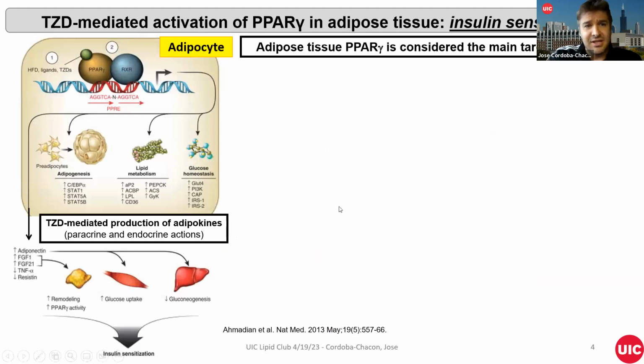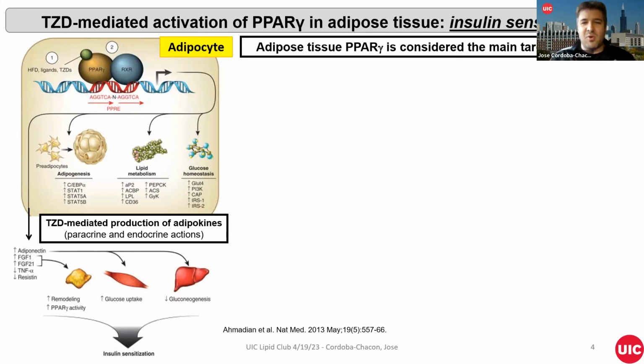Also, it is known that the activation of PPAR gamma with these exogenous ligands promotes a massive activation of PPAR gamma activity in adipocytes. And it is thought that TZDs mostly or only act at the level of the adipose tissue, regulating many genes involved in glucose and lipid metabolism, adipogenesis, insulin sensitivity, and the production of adipokines.